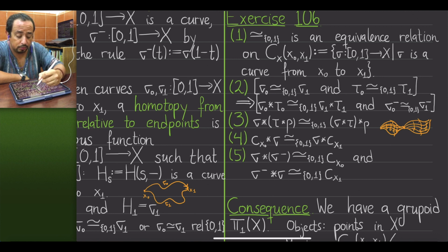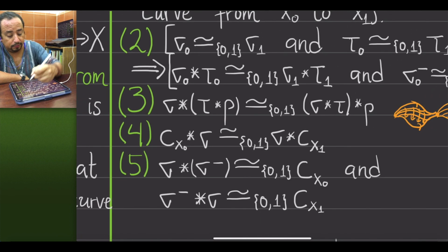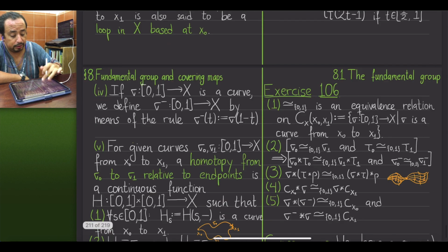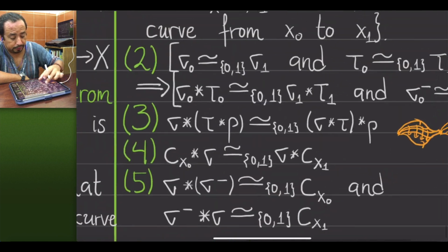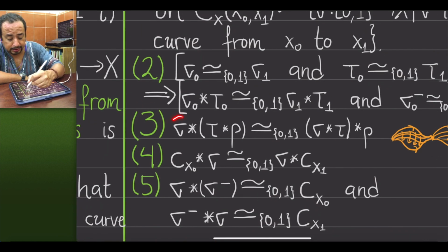It is not always the case that this curve is equal to this curve. Simply because, if you go back and look at the definition of concatenation here, notice sigma occupies half the interval. And this occupies half the interval.